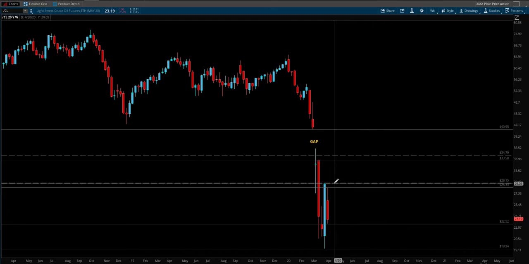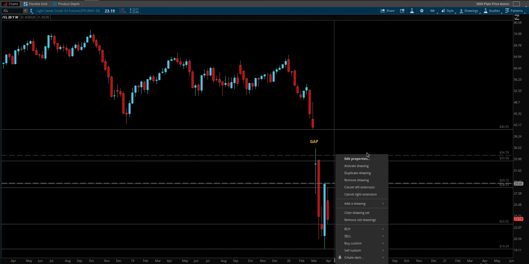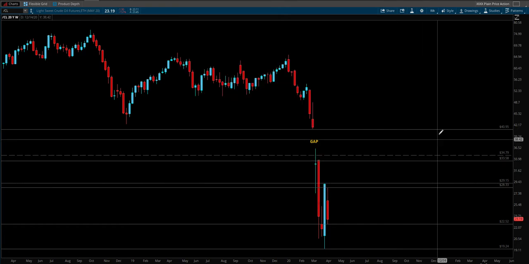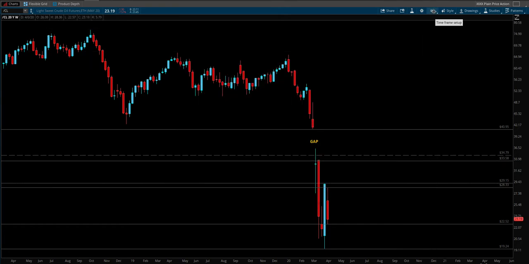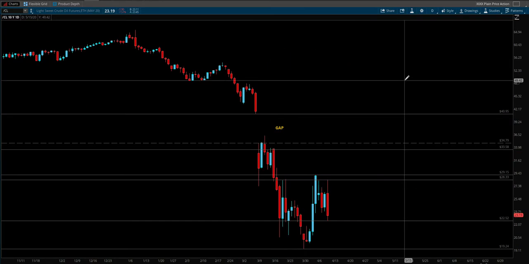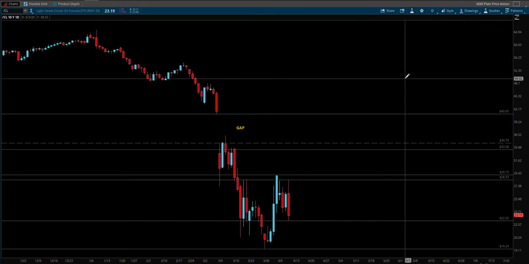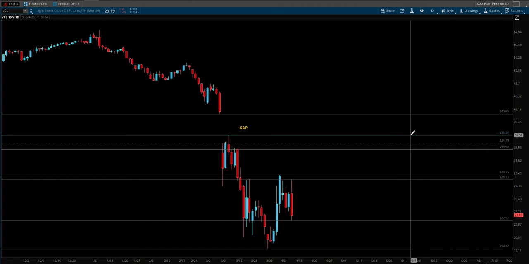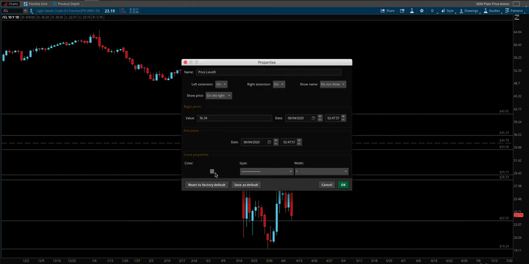Yeah, actually, the daily and the weekly are almost the same on this one, so I could leave that as a solid. All right, so now you have resistance here on the daily.